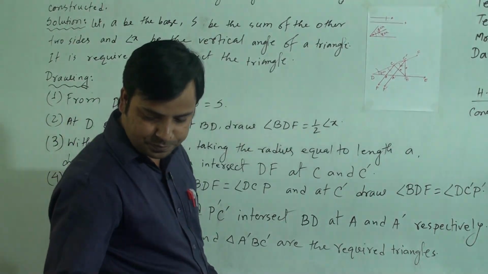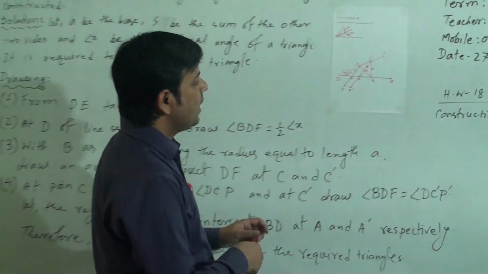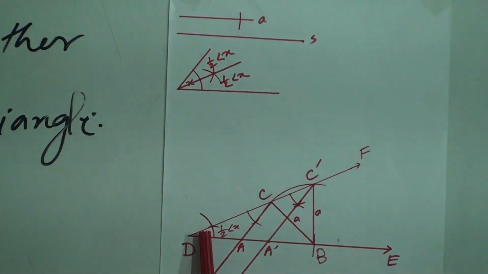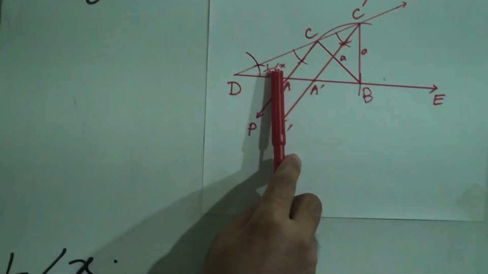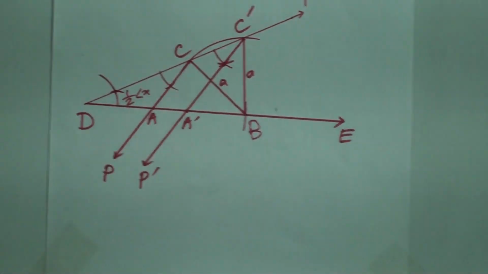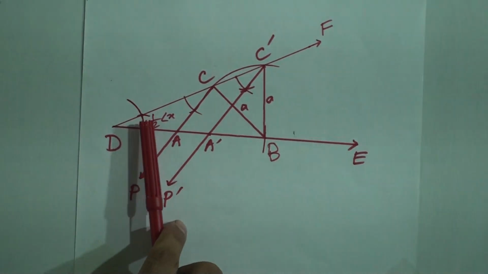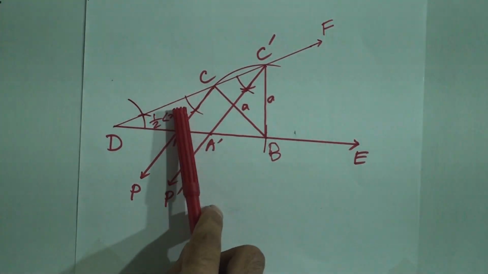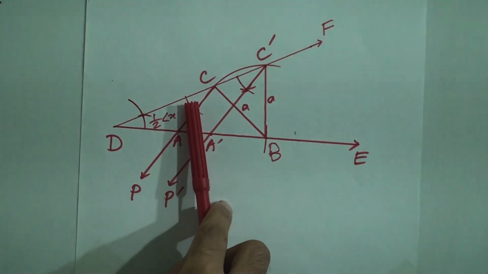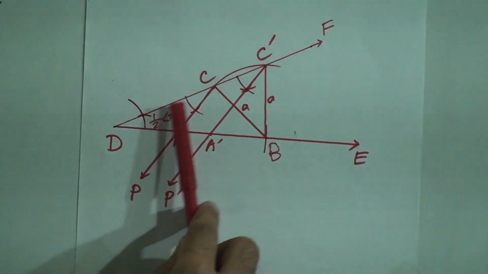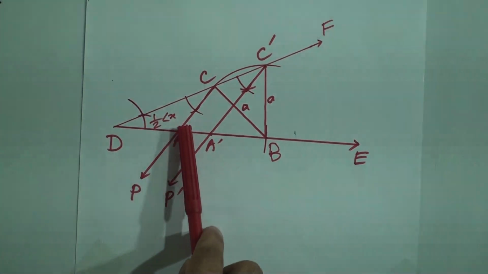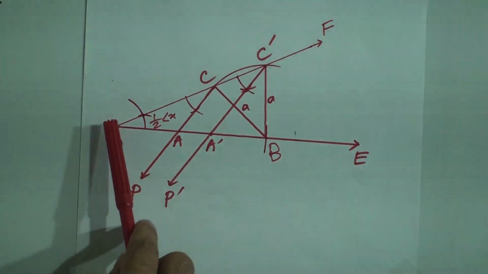Now see, dear students, this angle is half of the given angle X, as X is the vertical angle, and this angle if you draw at C will also be half of angle X. The sum of these two angles will be equal to the exterior angle of the triangle DAC.